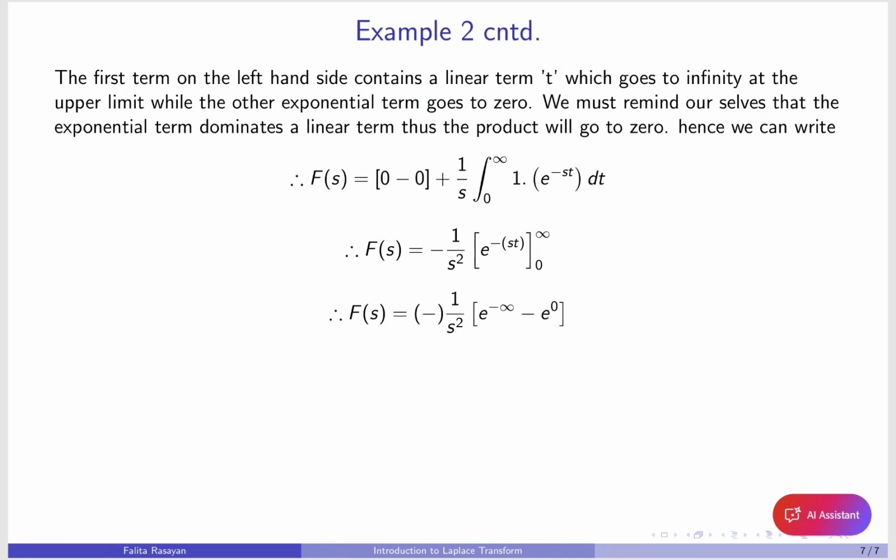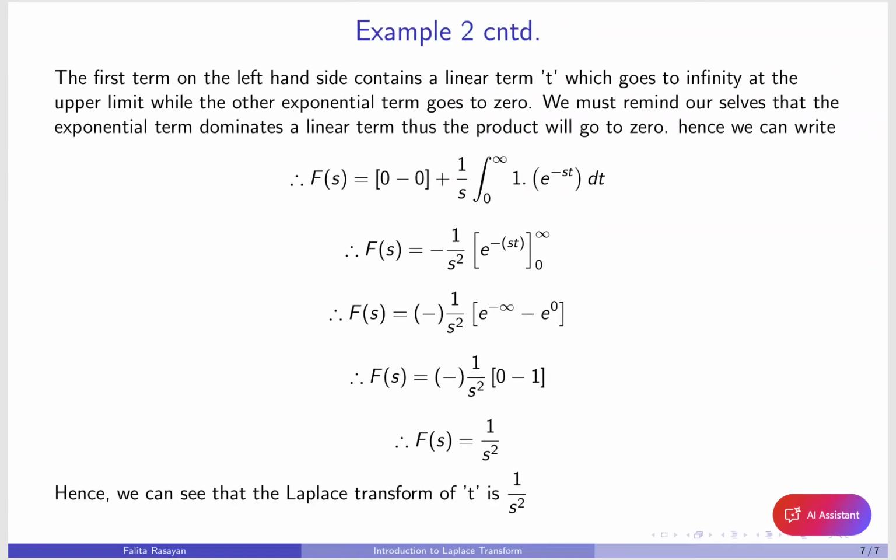Putting the limits, we have -(1/s²)(e^(-∞) - e^0), which is F(s) = -(1/s²)(0 - 1), which is F(s) = 1/s². So the Laplace transform of t is 1/s².